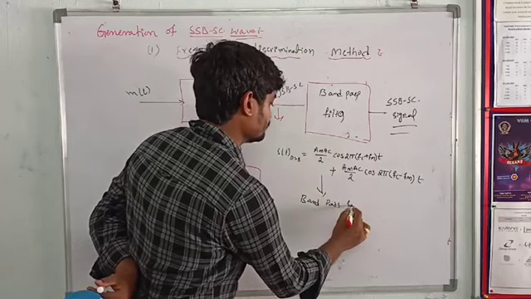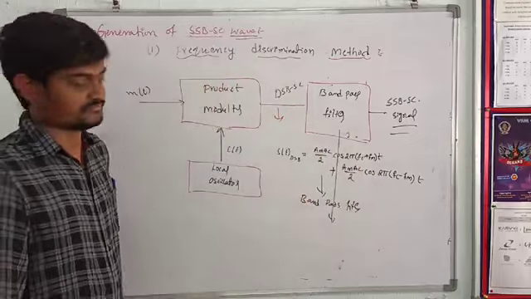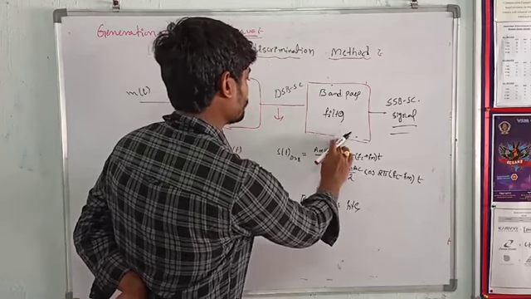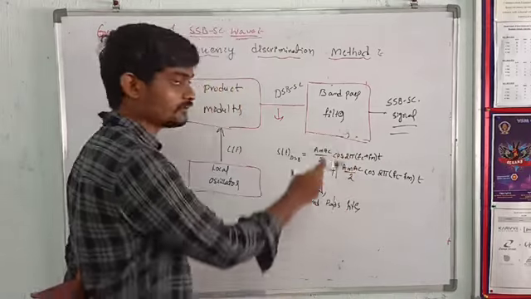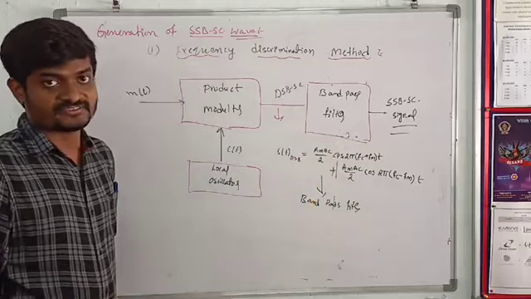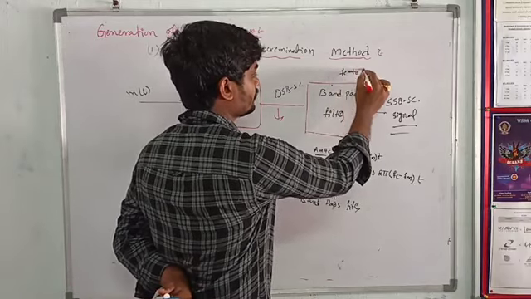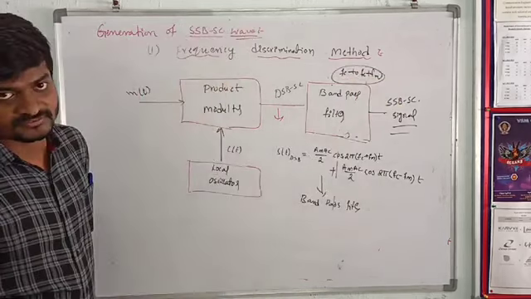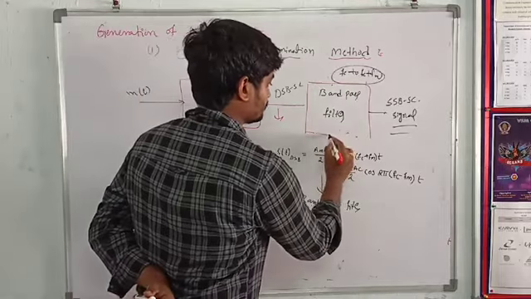Band pass filter. The design of the band pass filter is very difficult. We can design exactly what we require in the output. Suppose we want the upper sideband frequency, the band should be the upper sideband frequency, that means fc to fc plus fm. Or the lower band frequency, so we can set the frequency tuning in the band pass filter.